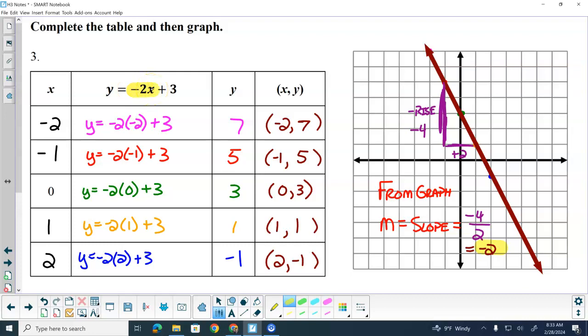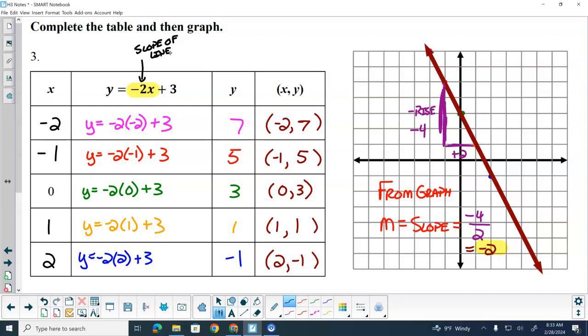Those are always going to be the same. The slope of your line is always going to be the coefficient of your x term. It's always going to be that number out in front of your x term.